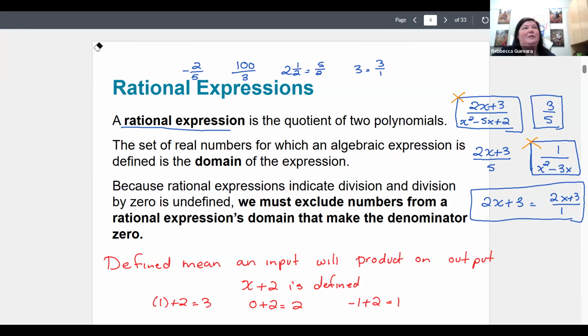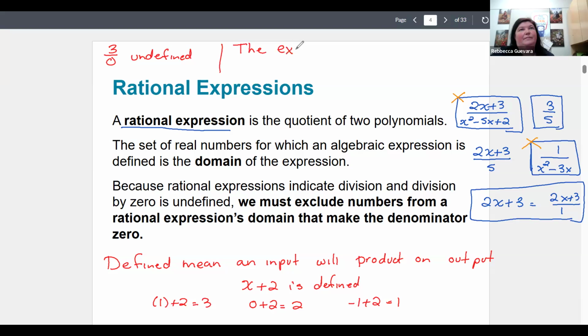So the problem is when we divide by 0, that is when we're undefined. So if I had 3 divided by 0, that's undefined. So if I have an expression, I have 3 on top. If I have 3 and then I put x on the bottom there, that's a polynomial over polynomial, it's a rational expression.